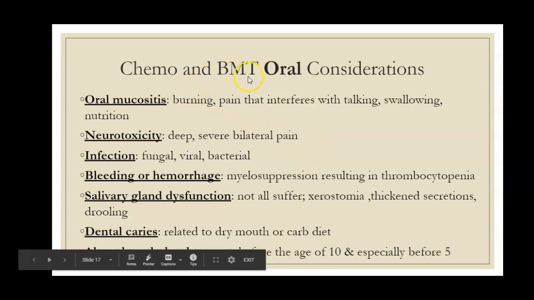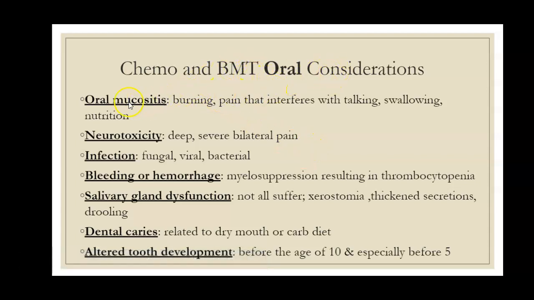Chemo and bone marrow transplant oral considerations. Oral mucositis is a big one. Burning, pain that interferes with talking, swallowing, nutrition, eating. It can be so painful. If you've heard anybody's stories of surviving cancer, especially something that affected their oral mucosa or caused mucositis, it can be so debilitating.